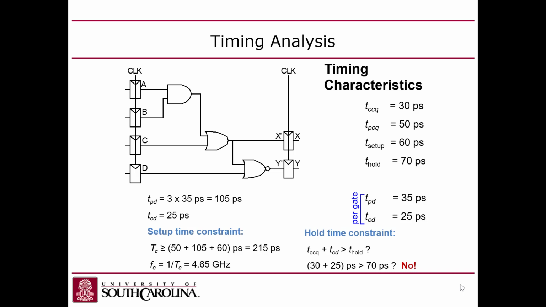But even if you added a buffer here and you didn't add one here, then your critical path would either be going through that buffer and that gate, or through this gate and that gate, and that might have still violated the hold time.